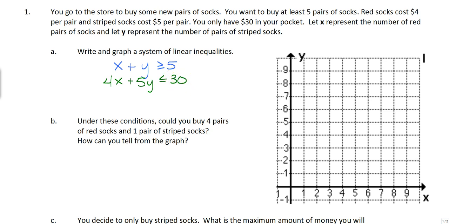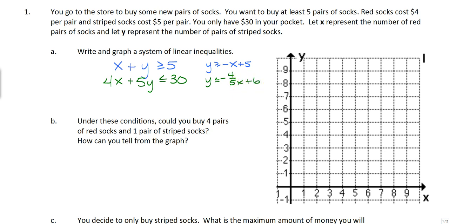And of course, you would want to write both of these in graphing form. So y has got to be greater than or equal to negative x plus 5, and y has got to be less than or equal to negative 4/5 x plus 6.